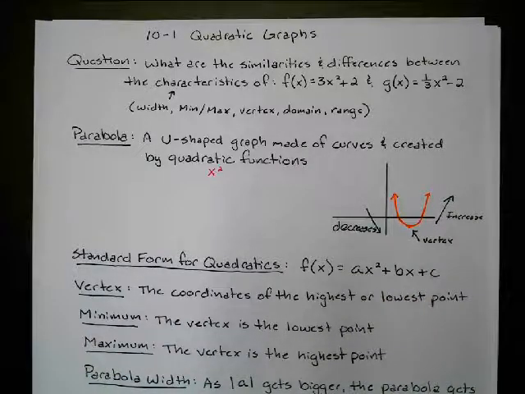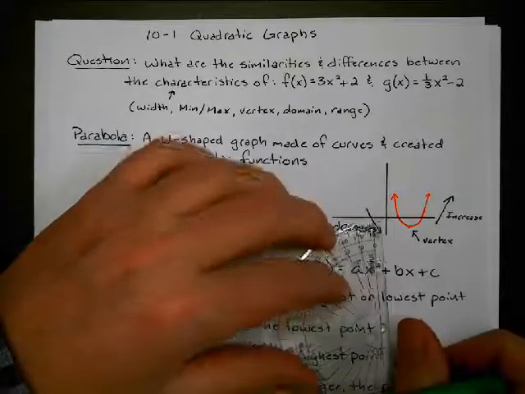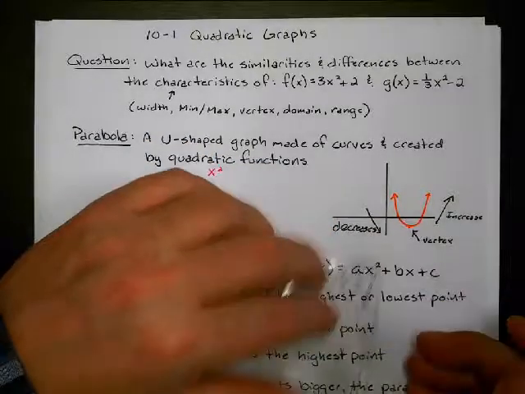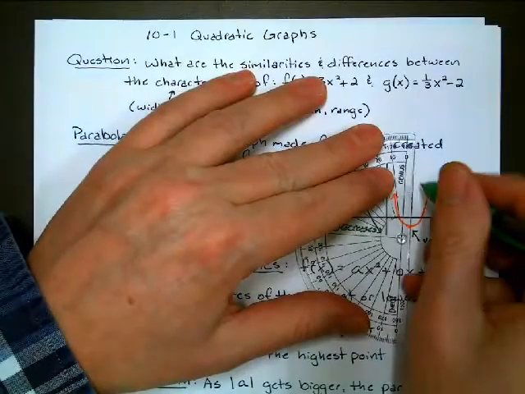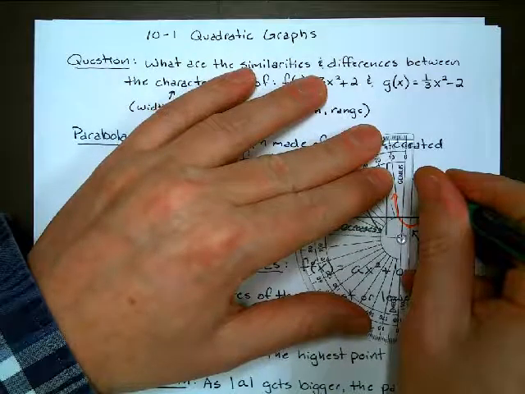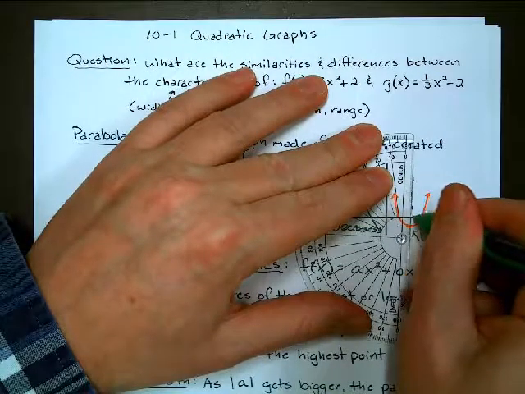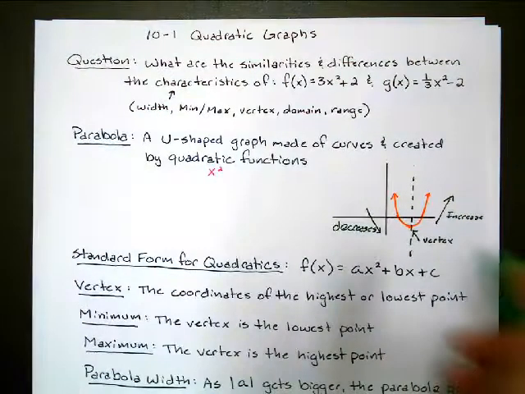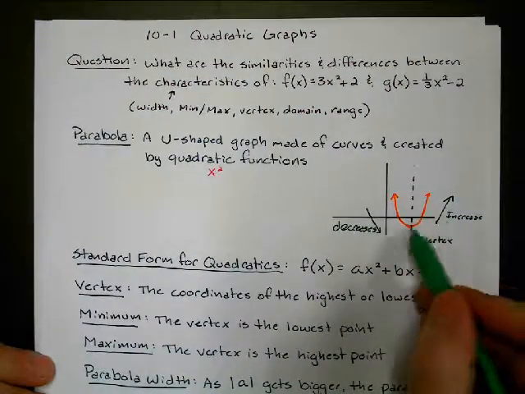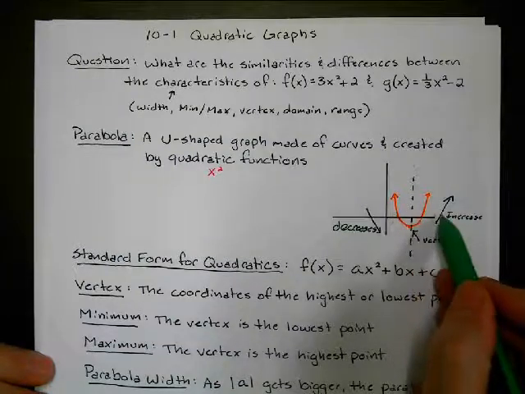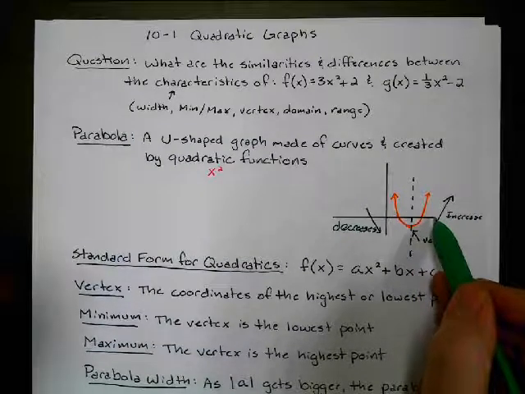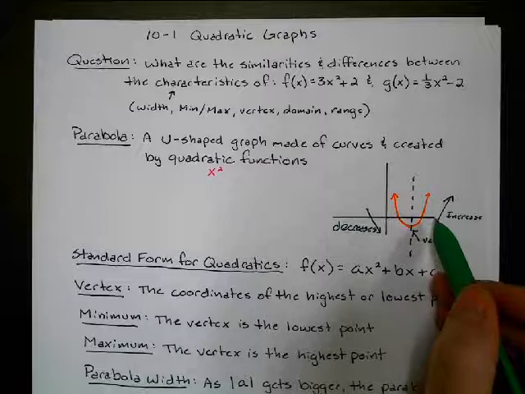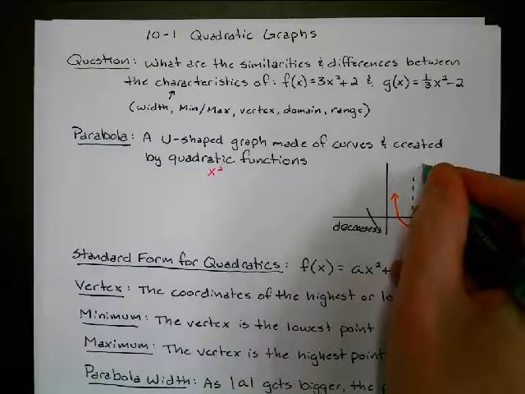Now, another interesting thing about parabolas is that they can be split in half. And when you split these in half, they create mirror images of each other. So on either side of this dotted line, the two sides would look exactly the same. They'd just be a reflection of each other. And this line we call the axis of symmetry.